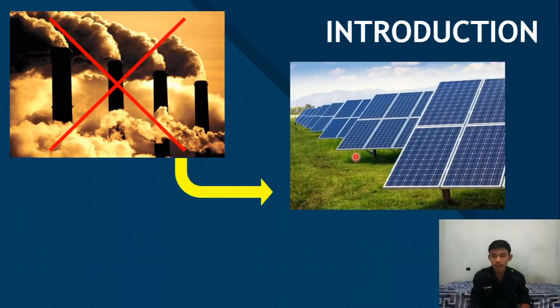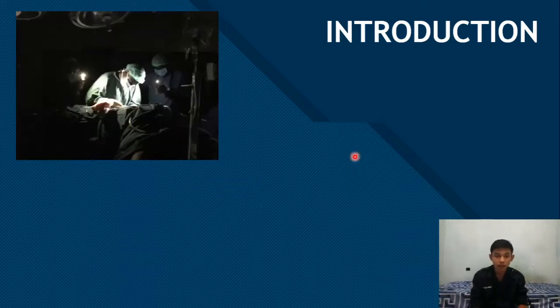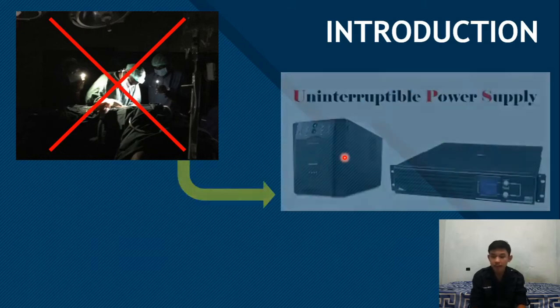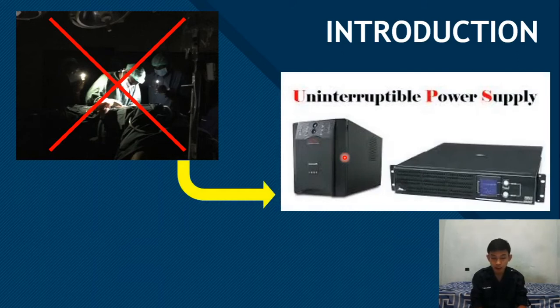And then the second problem is grid source from electricity company PLN in Indonesia sometimes has problem such as power outage. In fact, electricity consumers such as hospital need high reliability of electricity. So adding the UPS system in the solar panel system can solve the problem.